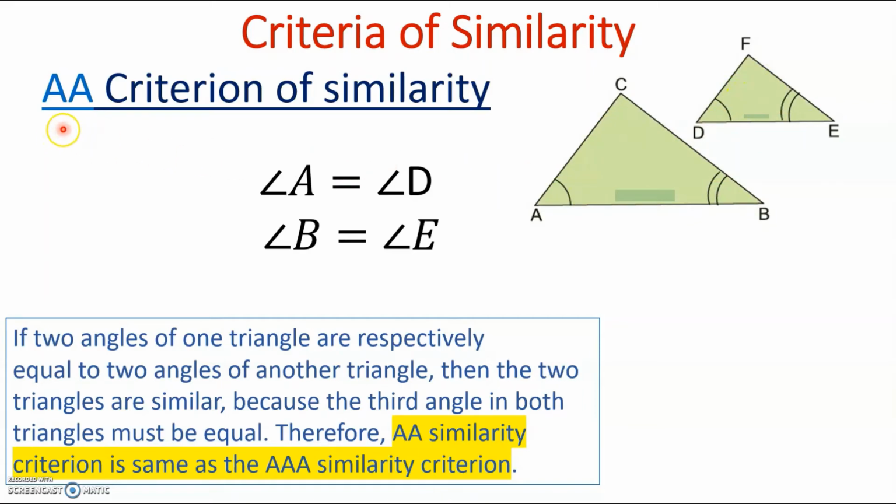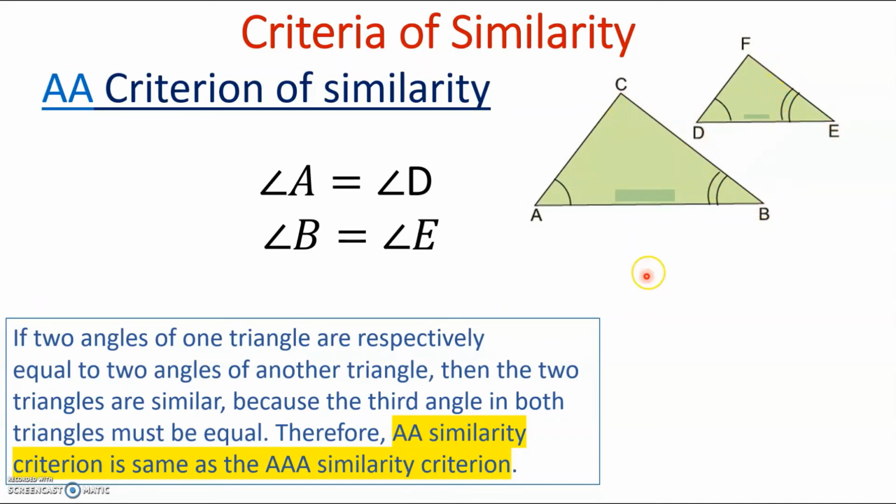So this is the first criteria. If you have either two angles or three angles equal between two triangles, then they are similar triangles, which means side AC divided by side DF will be equal to AB over DE, and that will be equal to BC over EF.